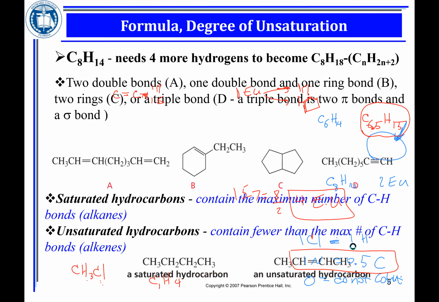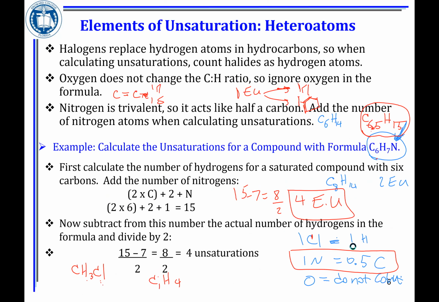If you want to find how many pi bonds you have, for example, you have to divide 8 by 2. The number of missing hydrogens divided by 2 gives the elements of unsaturation. And what counts as an element of unsaturation would be a pi bond or a cyclic system.